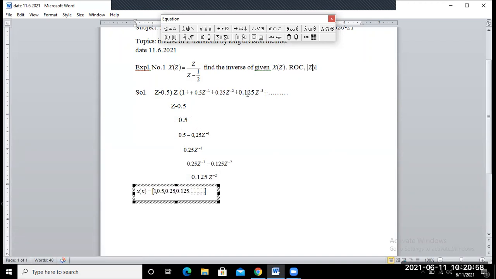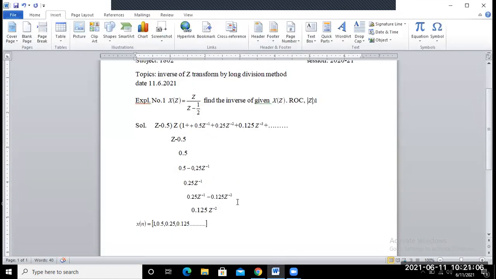Okay, coefficient of x1, x2, x3, something like this. So if you put it in the standard form in terms of n, if you want to write this signal in terms of n, this one is nothing but a to the power n u[n] form. So in place of a, your value is 1/2.